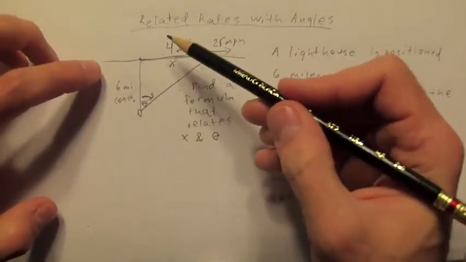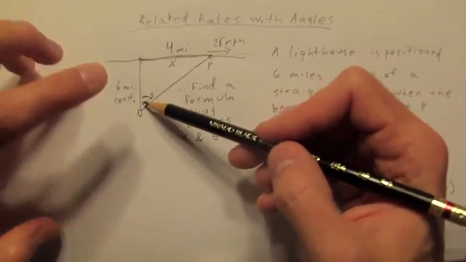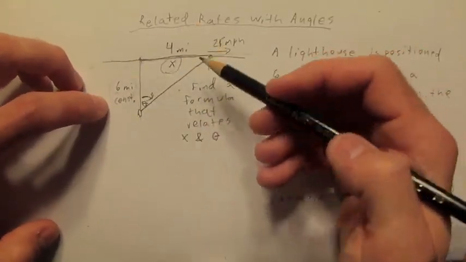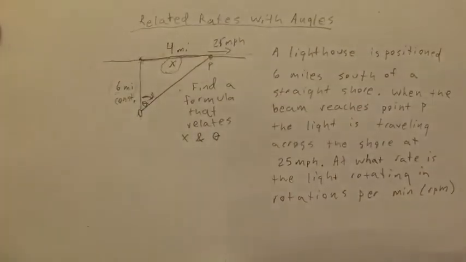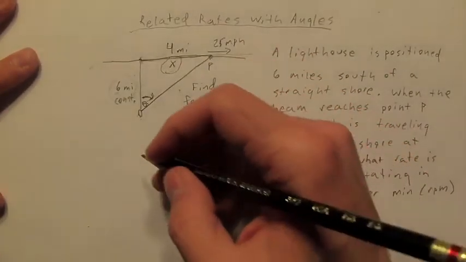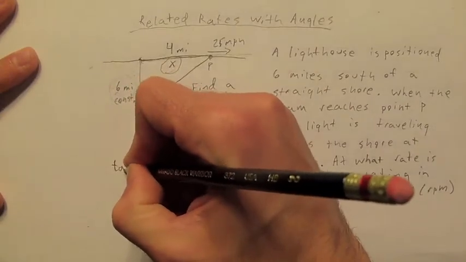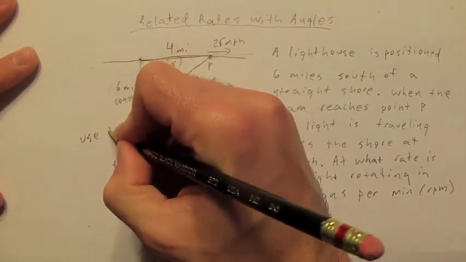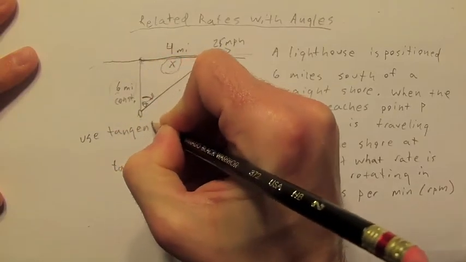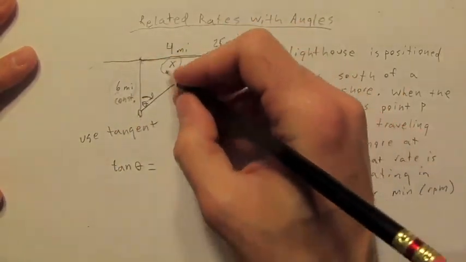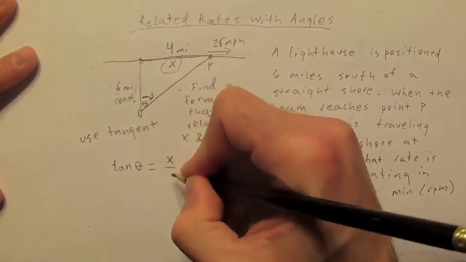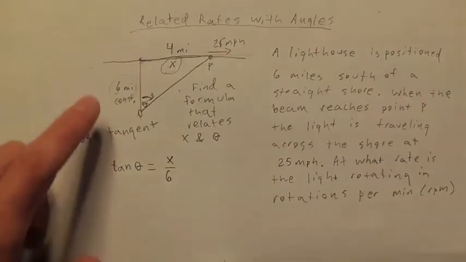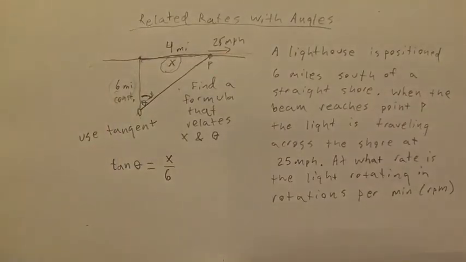We know the side opposite, which is x, and we know the side adjacent. Now, which trig function gives us the side opposite and the side adjacent? Tangent does. So we're going to have tangent of theta. That's the one we're going to use. So tangent theta is going to be equal to opposite, which is x, over adjacent, which is 6.